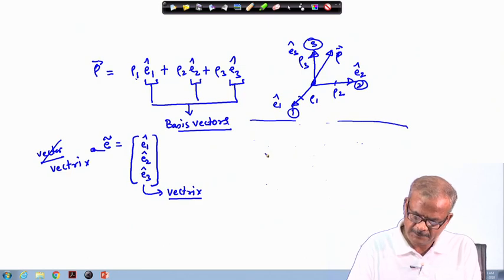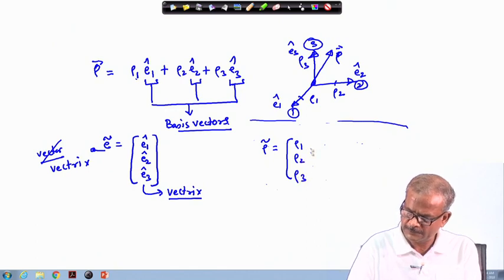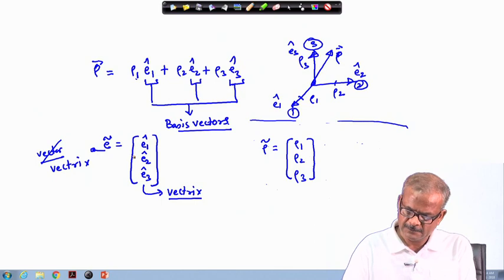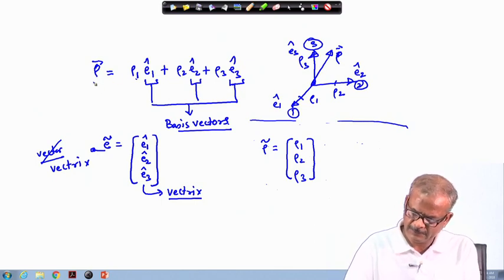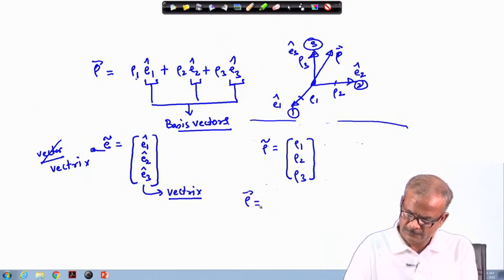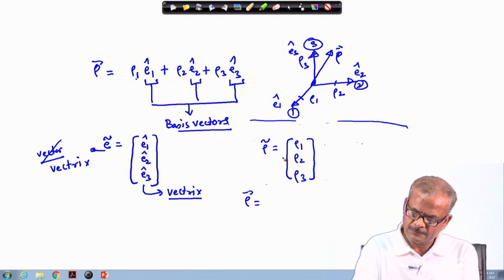We will represent rho tilde as rho 1, rho 2, rho 3, and e tilde we have already written in this way. What we want is to get this rho vector, so can we write it in terms of these two?